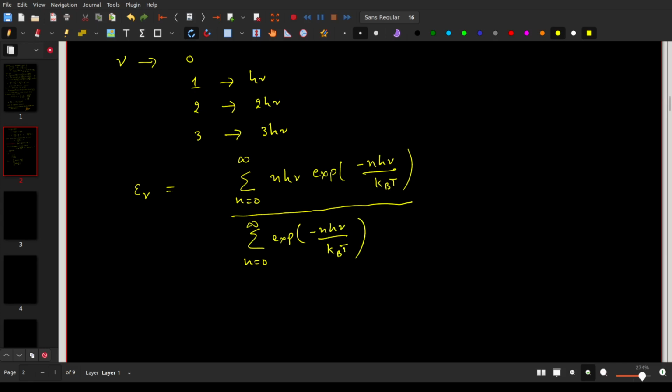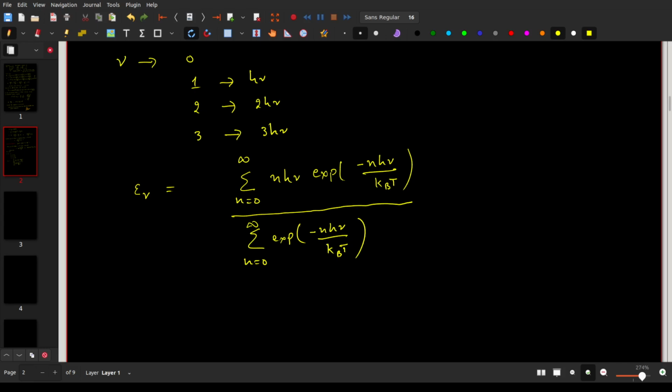So there could be zero quantas, 1 quanta, 2 quanta, 3 quanta, and up to infinity. We are summing over all different possibilities. If there are n number of quantas, their energy is n h nu, and this is the Boltzmann weight corresponding to the state in which we have n number of quantas.